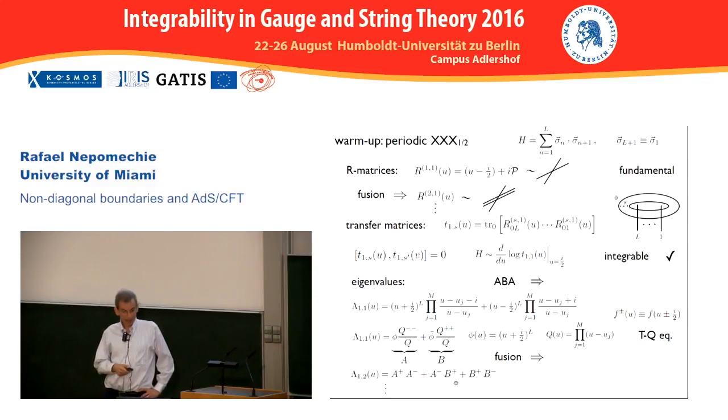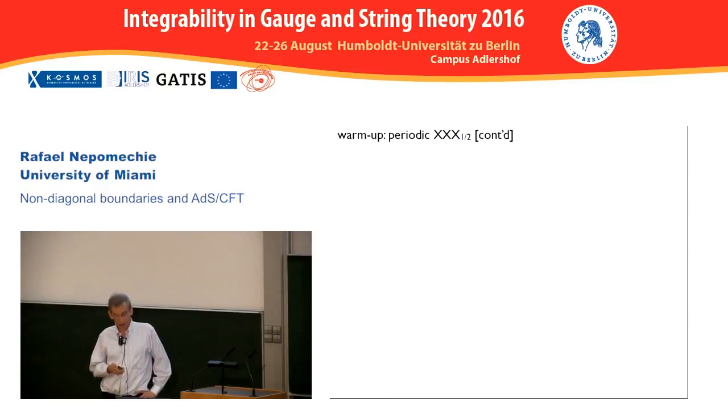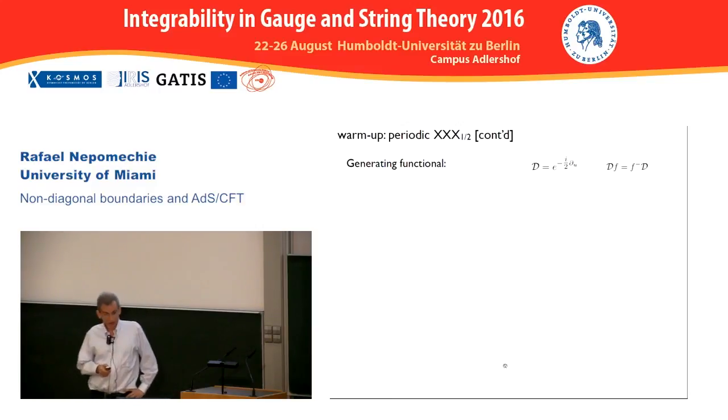And it's given by A plus A minus B plus B minus B. You can go on to get all the higher ones. And now comes the point that we can get all of these very cheaply from a generating functional. To do that, we introduce this shift operator D, such that acting on any function of u, it'll shift it by minus i over 2.